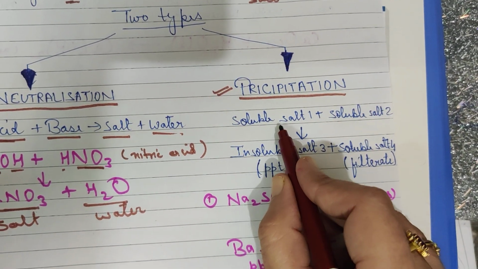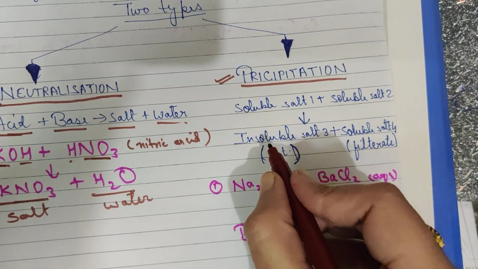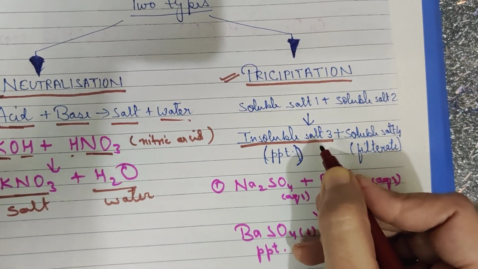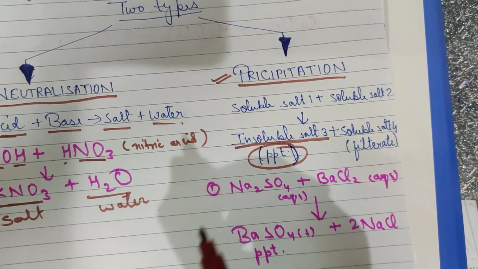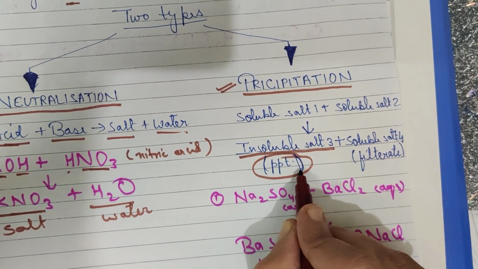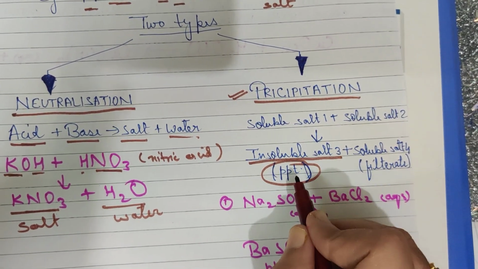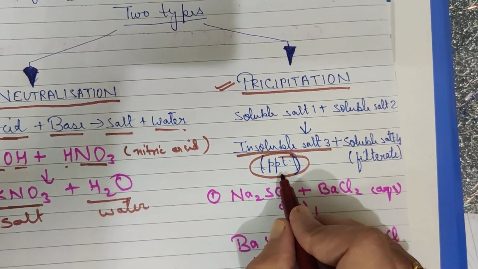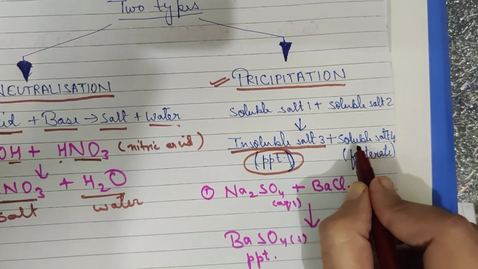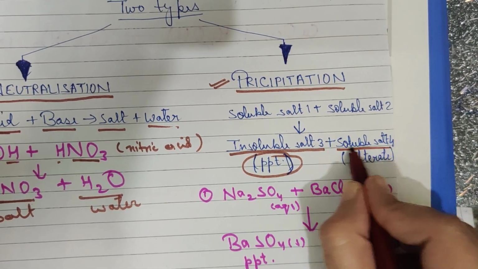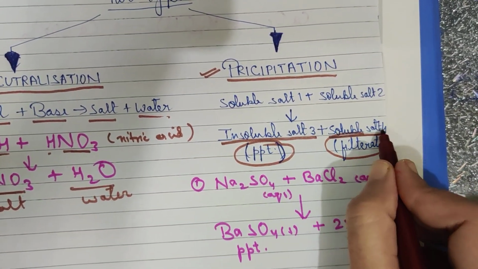So a soluble salt reacts with another soluble salt to produce the third salt, which is insoluble in nature, and this insoluble salt is known as precipitate, which is abbreviated as PPT. So this insoluble salt which is formed in the product side is known as precipitate, and in the product you will have a fourth salt which will be soluble in water, and this soluble salt will be known as filtrate.